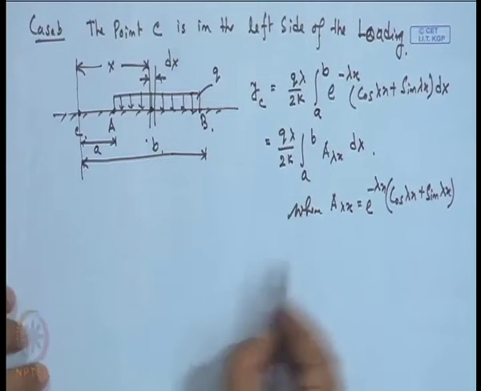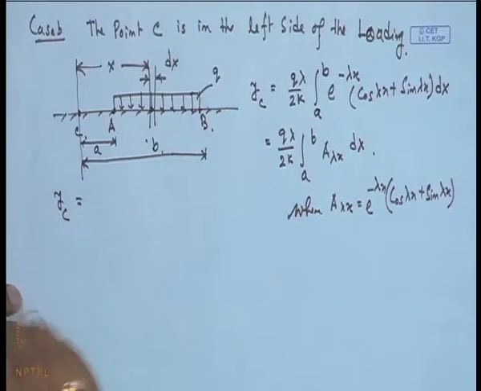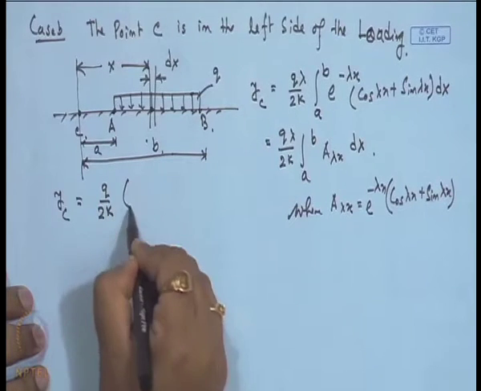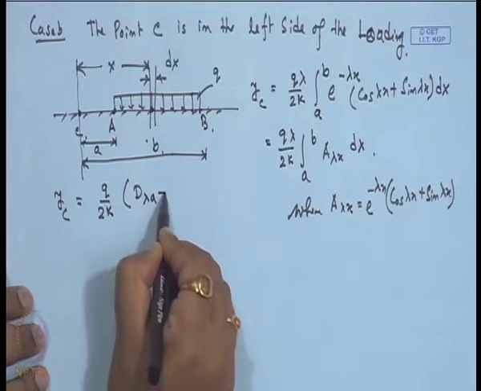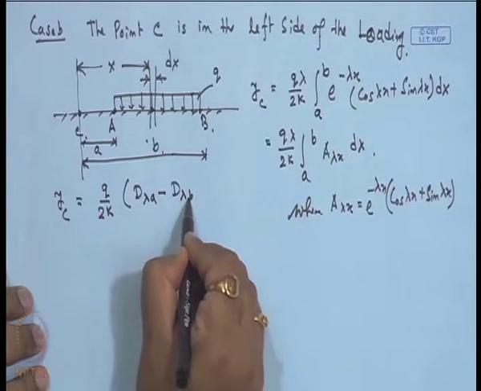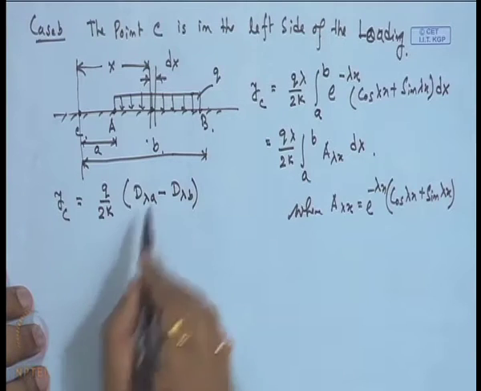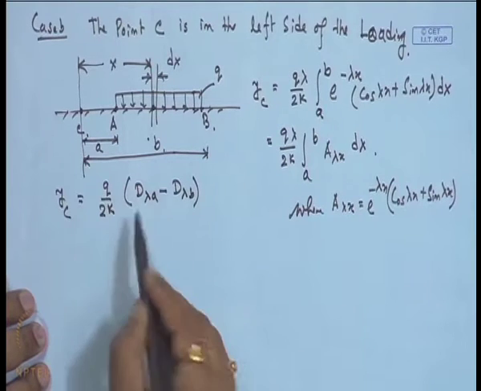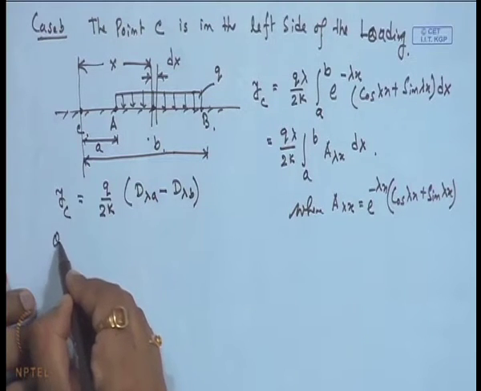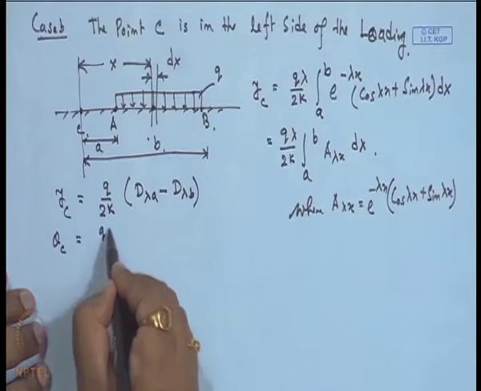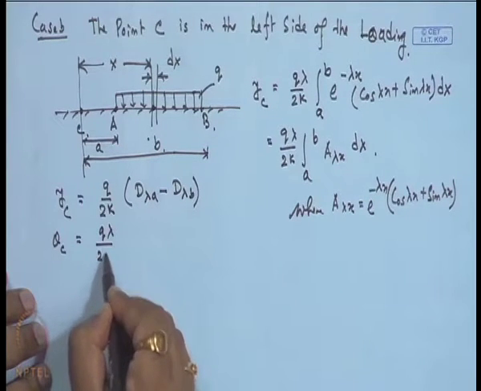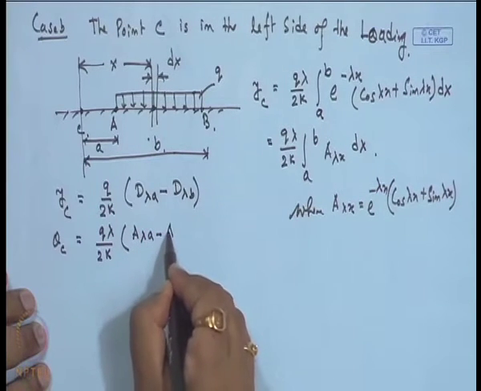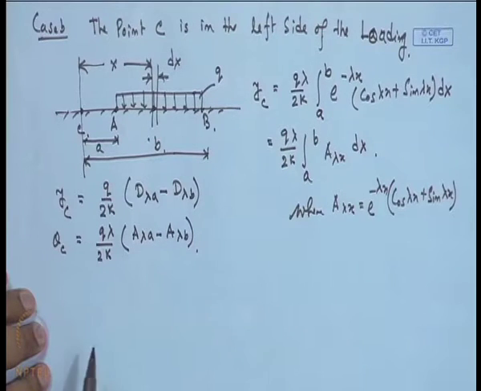Now after integration we will get y c is equal to q by 2 k into d lambda a minus d lambda b. Here in case of x we are just putting a and b depending upon the requirement. Then the slope theta c will be q lambda divided by 2 k into a lambda a minus a lambda b.